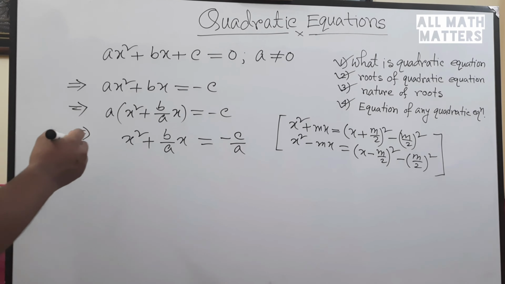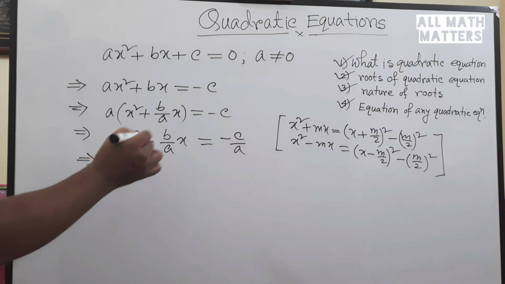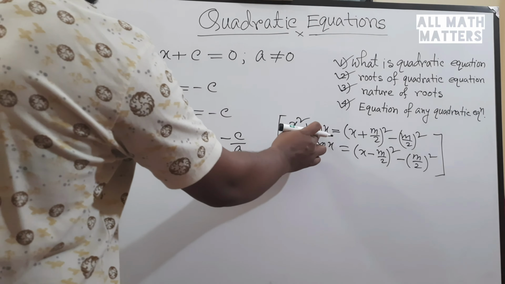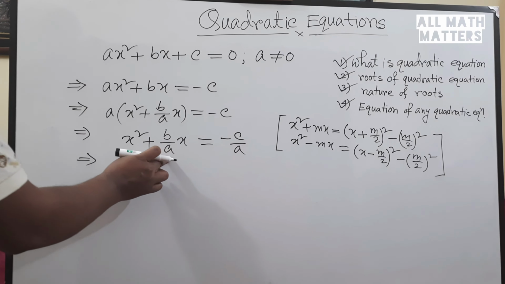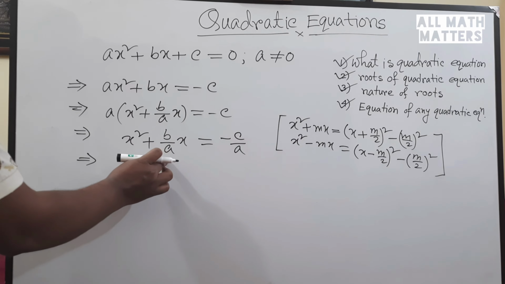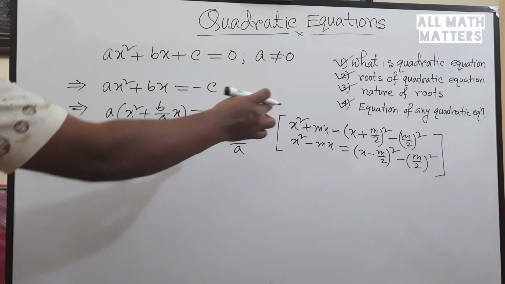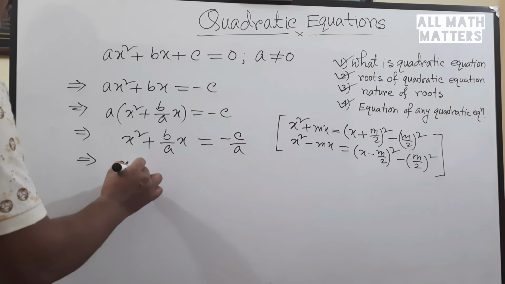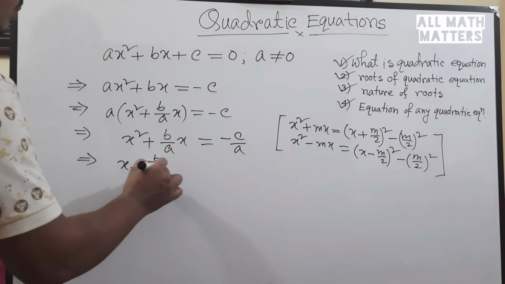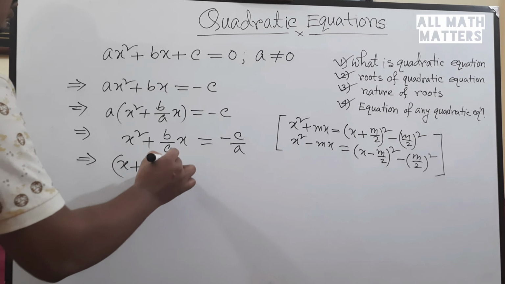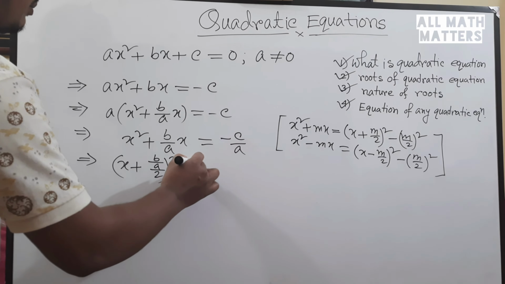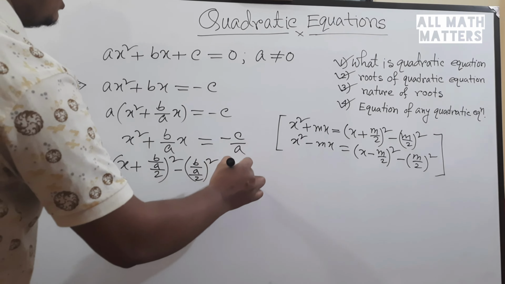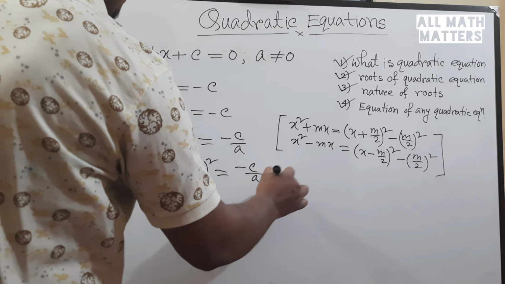Okay, now if we use this formula in this part, if you look here, m in terms of a is b over a, so we can use the first formula, that is x plus b over a over 2 whole square negative b over a over 2 whole square equal negative c over a.